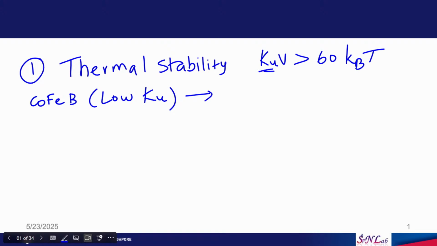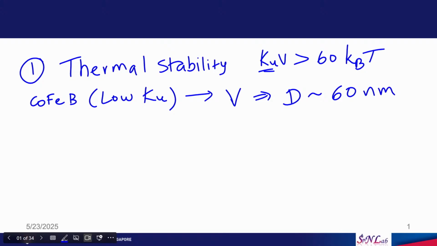So, since Ku is not high, the volume has to be larger to compensate for this kBT. So, the smallest volume will indicate that the diameter of the smallest device can only be around 60 nanometer.